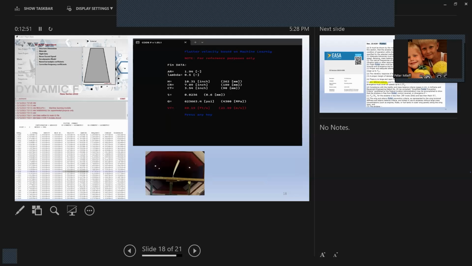Here in gray, I know the font is small, it reads 20.8. For this particular geometry, the loss of stability appears at 20.8 meters per second. This is almost what we have seen in the wind tunnel experiment that I have shown you on the previous slide. And this is the result from our newly developed ML model. Here in red, you can see it's 21.08. So basically, there is no difference.